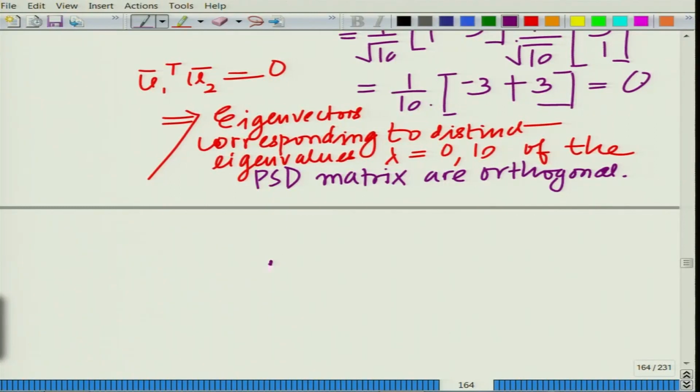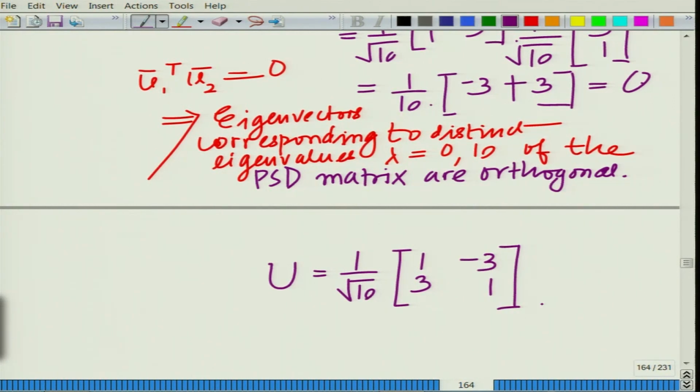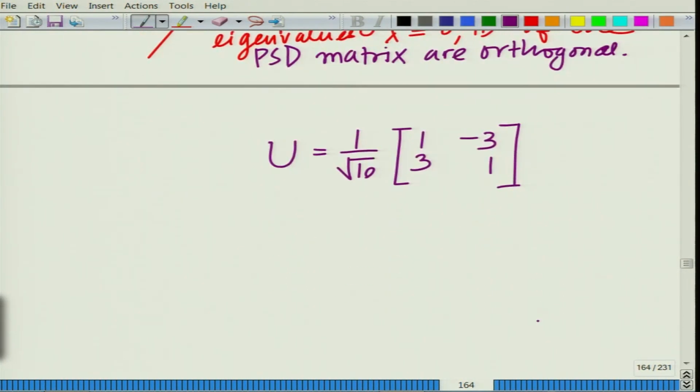And now, we form the matrix of these unit norm eigenvectors. So, we have unit norm orthogonal eigenvectors, and U equals 1 over square root of 10 times [1 3; minus 3 1]. The diagonal matrix of eigenvalues in this case is lambda, which is equal to 10 and 0 on the diagonal.